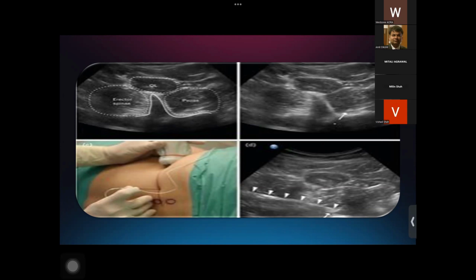And in the last picture, you can see the arrows. The multiple arrows are pointing towards the direction of the needle. So the needle direction has to be absolutely perpendicular, and in line with the probe.